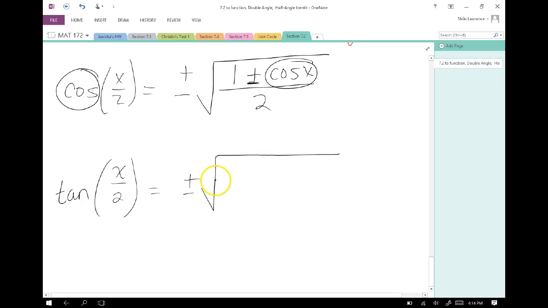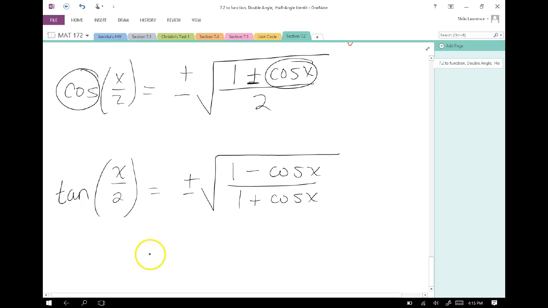And really, the first option is just the sine formula divided by the cosine formula simplified. So it's 1 minus cosine x divided by 1 plus cosine x. So if you were to take our previous sine and cosine formulas and divide them and simplify, those divide by 2's would cancel, and you'd be left with the sine numerator in the top and the cosine's numerator in the bottom because of the division.